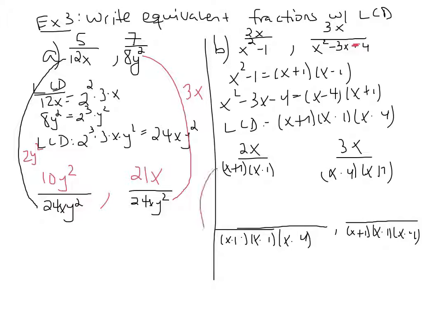How did we get from this denominator to our new one? We multiplied by x minus 4, and if we did it to the bottom, we have to do it to the top. And then over here, x minus 4, x plus 1, we multiplied by x minus 1. So this new equivalent fraction is 3x times x minus 1. And that's how you write equivalent fractions with the least common denominator.